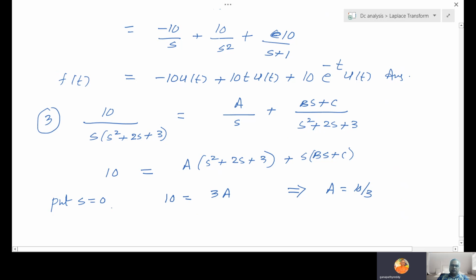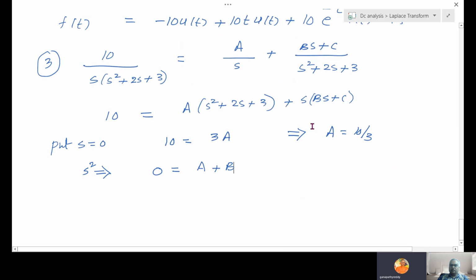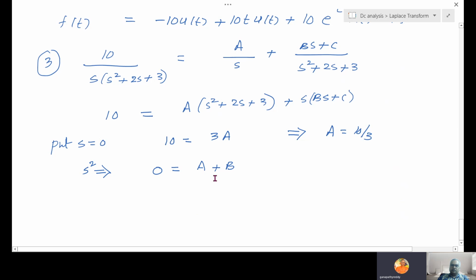Now compare the coefficients. S square, if I compare, left side 0, a plus b s square. Na? So what is b from this? Minus 10 by 3. Then s powers compare, left side 0, here 2a, here s power is c.